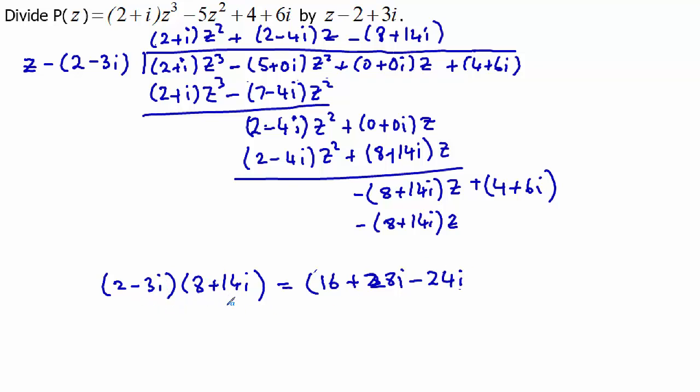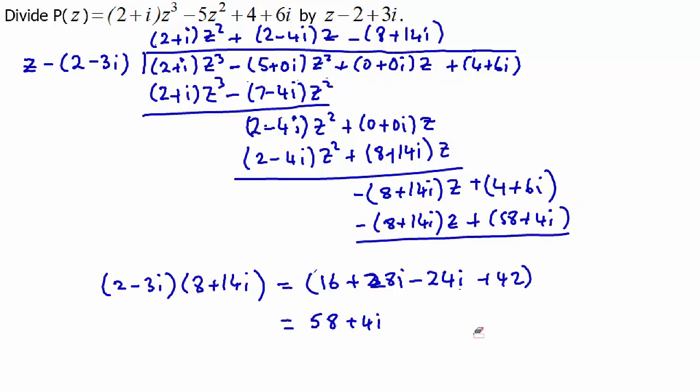And then this is where I got the 42 from. So it's minus 42i squared, which is plus 42. 16 and 42, so that's 52, 58 plus 4i. So we've got plus 58 plus 4i.